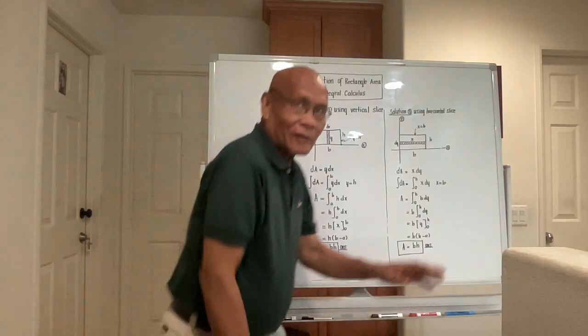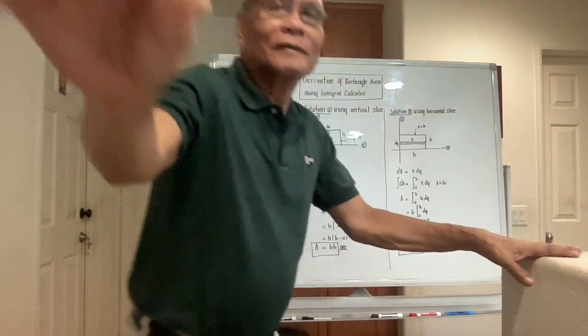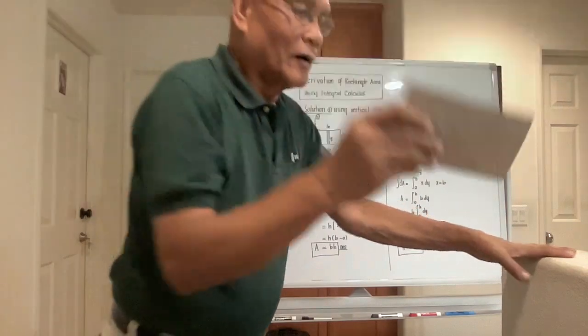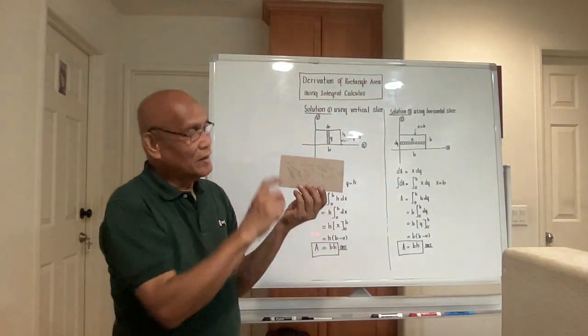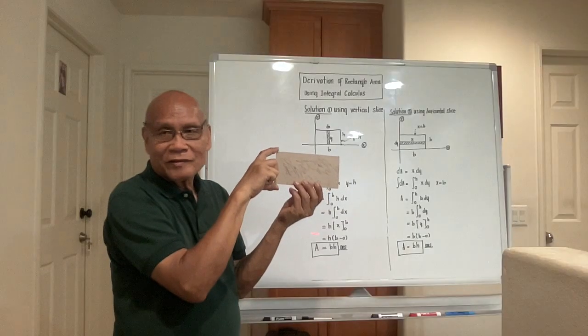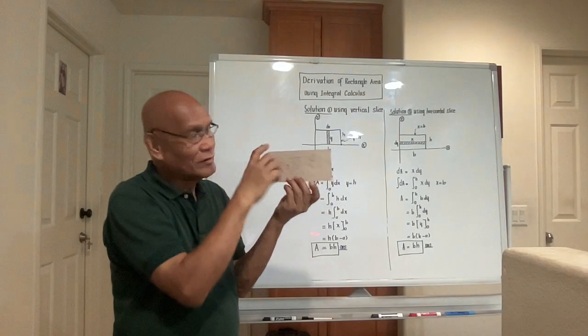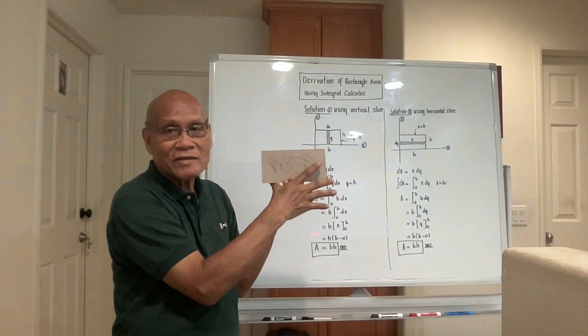The area of a rectangle. Okay, hold on. This is a rectangle. We could designate this one as the height, and this one as the base.